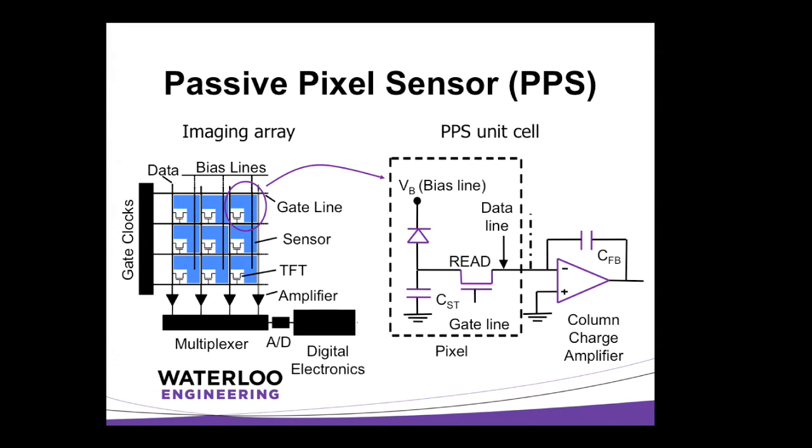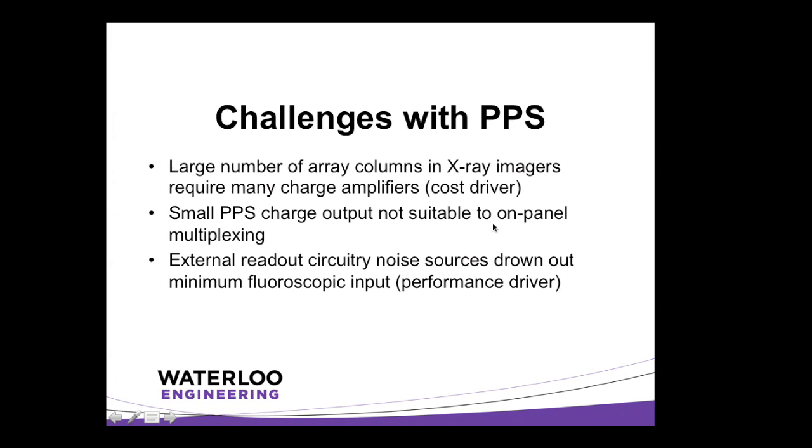It has a history in CMOS technology, because CMOS technology used this in the 1970s. But then they didn't stick with it for a variety of reasons, not least being that the column charge amplifiers are very expensive. Now, what are the challenges with this particular PPS architecture? Well, one, you need lots of charge amplifiers, so the charge amplifier is actually a cost driver.